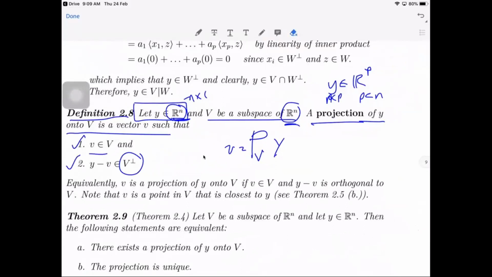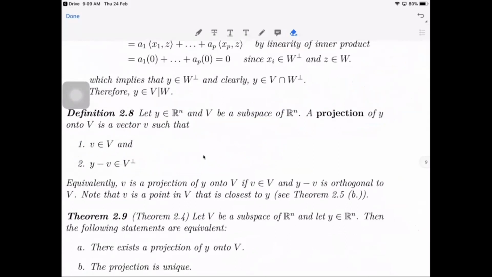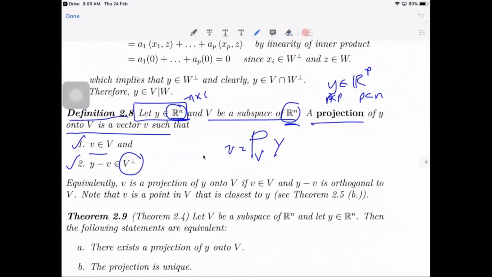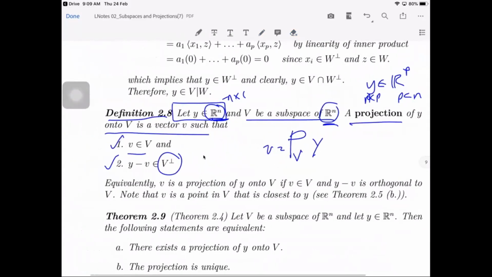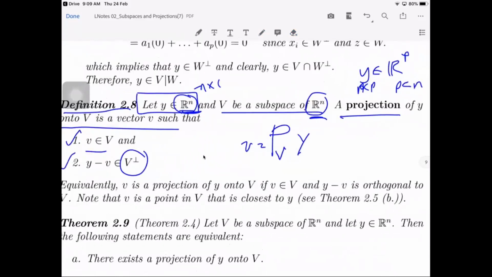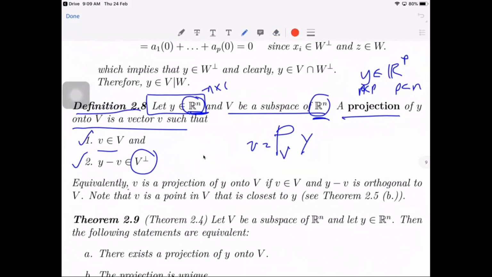Equivalently, v is the projection of Y onto V if v is in V and Y minus v is orthogonal to V, or this is in V-perp.